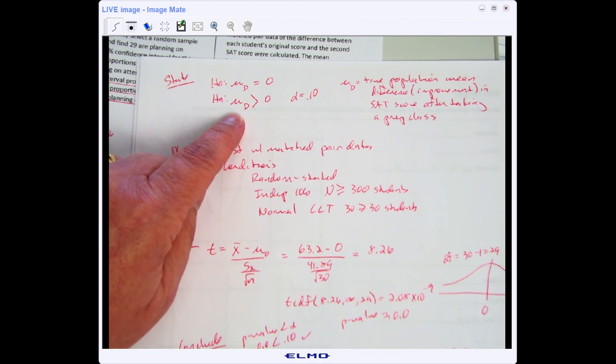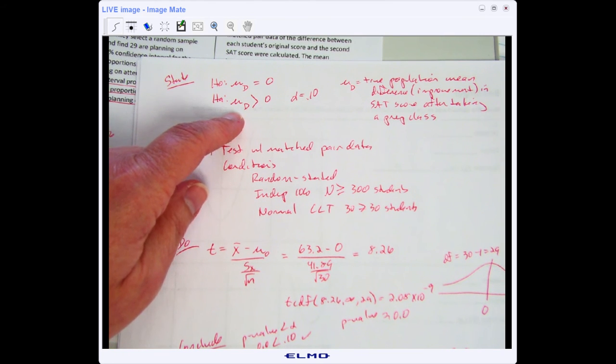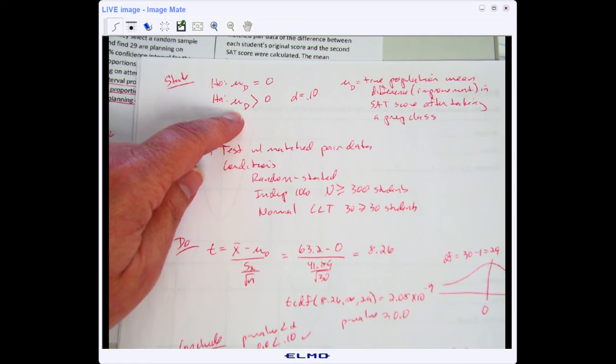If I reject the H0, I do have evidence that there was a difference. As a matter of fact, it was a positive difference, which means the test improved.